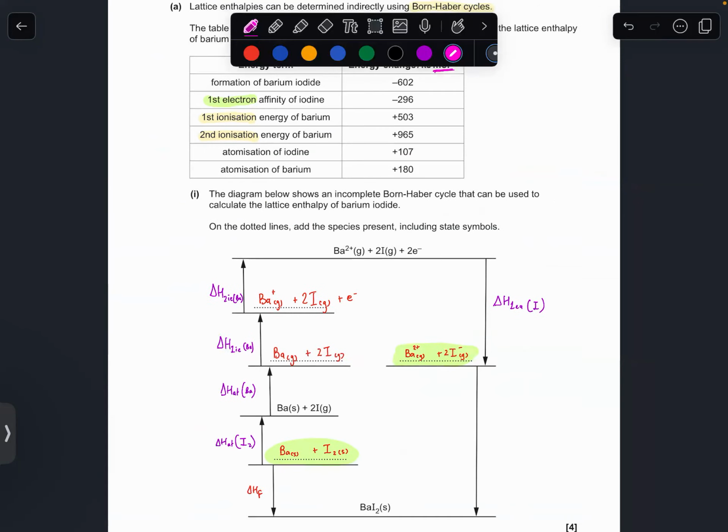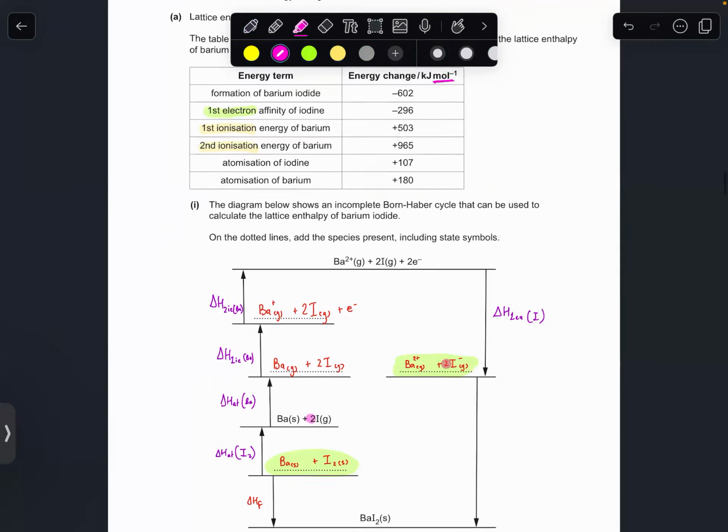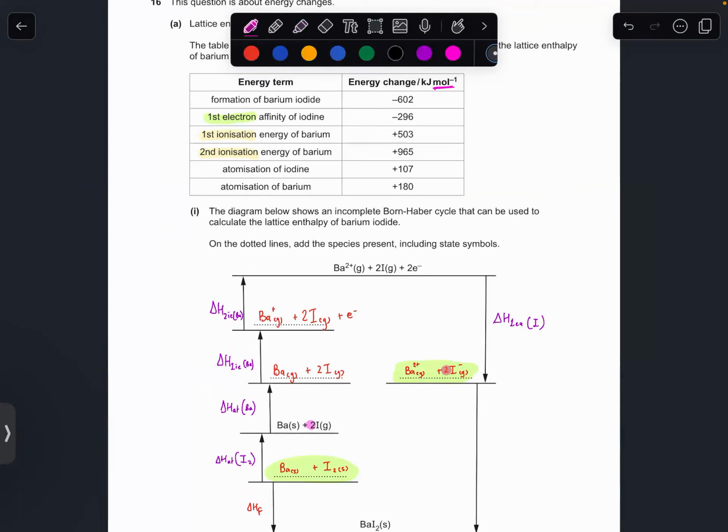Can you see 2 moles of gaseous ions have formed here? So 2 moles of gaseous ions have formed here, and 2 moles of gaseous ions formed here. So it's really the iodine that we're going to need to multiply by 2.